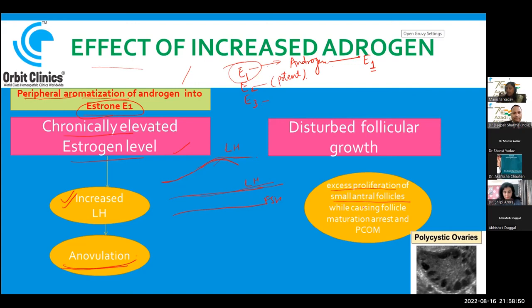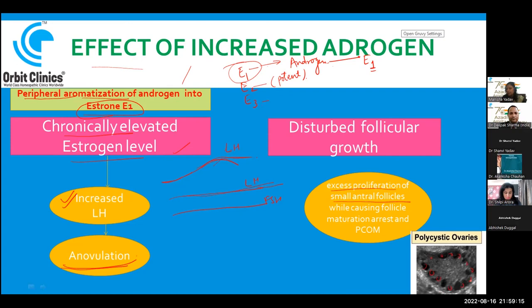That's why in PCOS multiple follicles are growing at the same time. They are not reaching the dominant stage, but they are increasing in number. That's why in ultrasound you will see this type of pattern. There are multiple cysts, like pearls in a necklace.